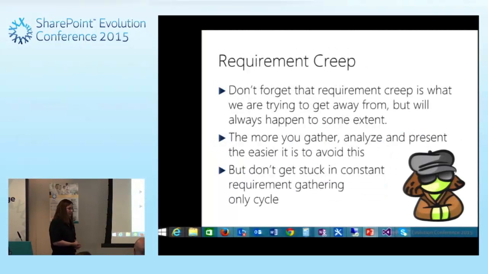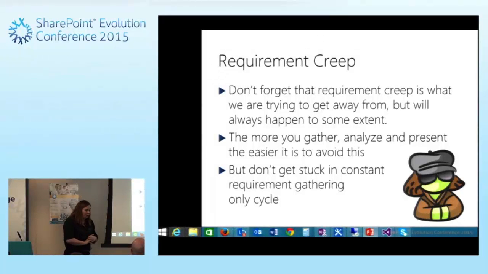How many of y'all run into this little guy? Mr. Requirement Creep, right? Every time you go through, regardless of what you do, at the last minute, you're going to get it almost there, and they're going to say, but could it? Why, yes, it could. It could do anything you want, but we're out of budget. I'm overworked.